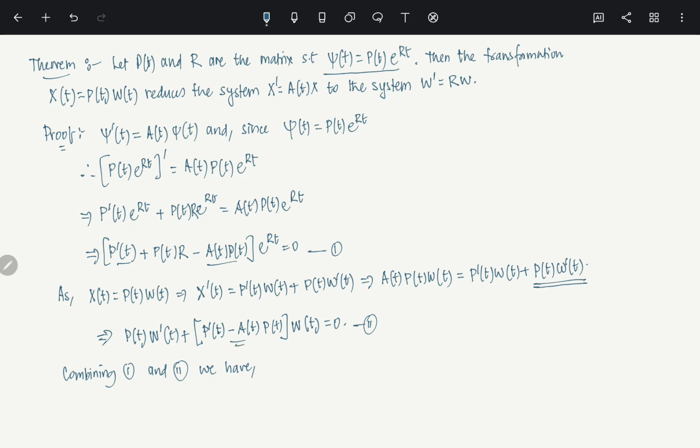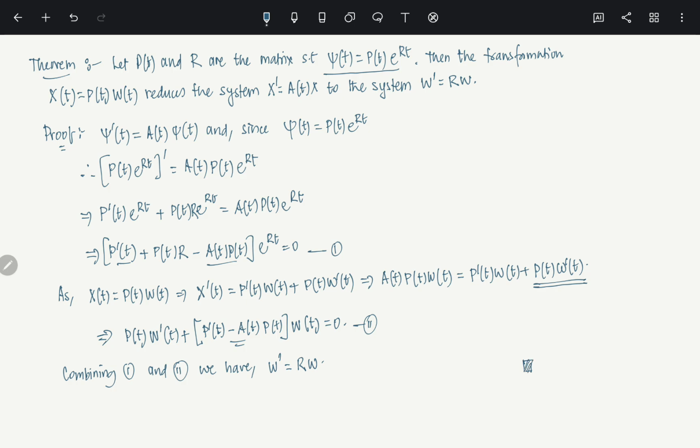So we have W prime, and P prime minus AP is minus P times R. You just replace it here with minus P times R. And P is a non-zero matrix. So basically it becomes P times W prime minus RW equals 0, which will imply W prime equals RW. I hope this is clear. So hence proof.